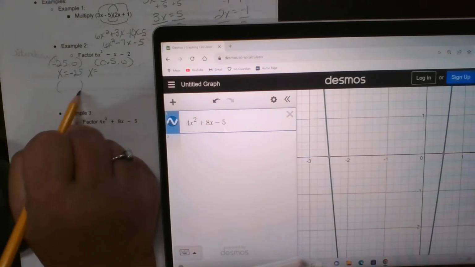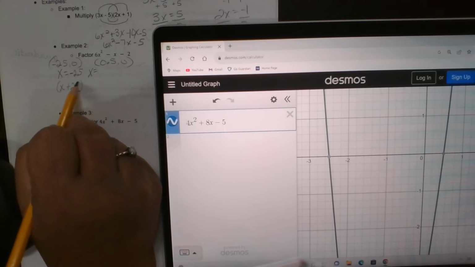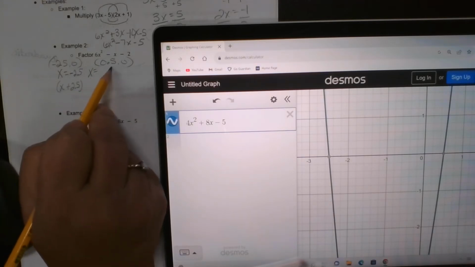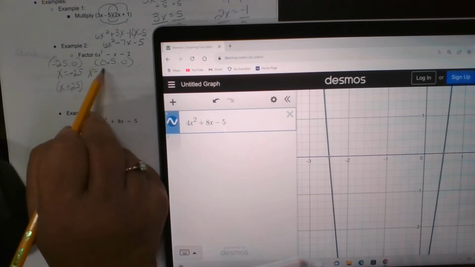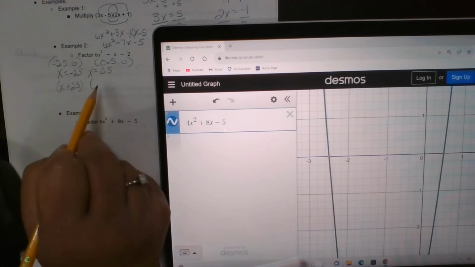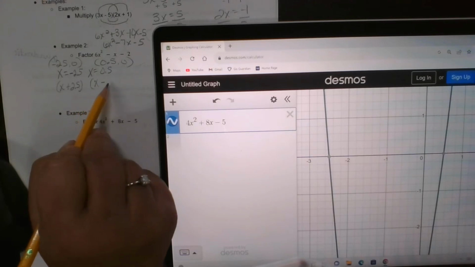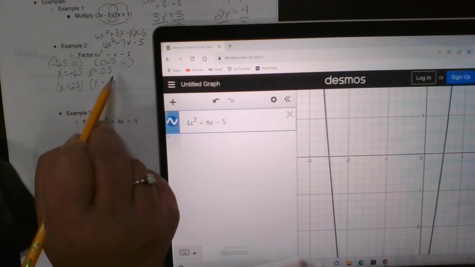But when I write it as a factor, it's x plus 2.5. And here it is 0.5, and as I write it as a factor, it's x minus 0.5.